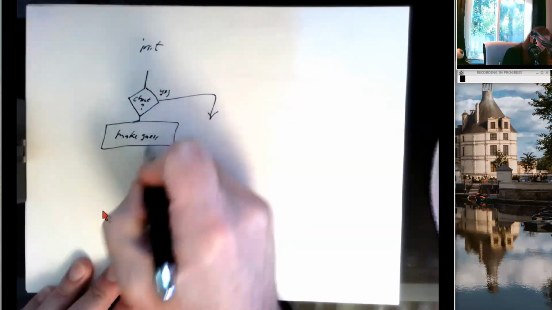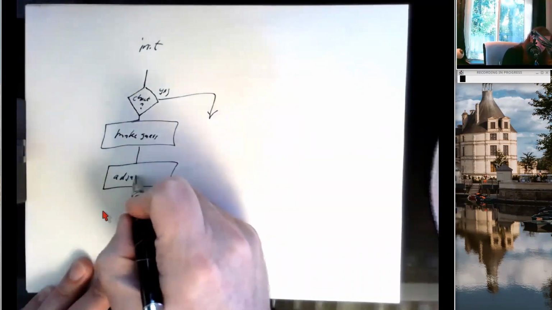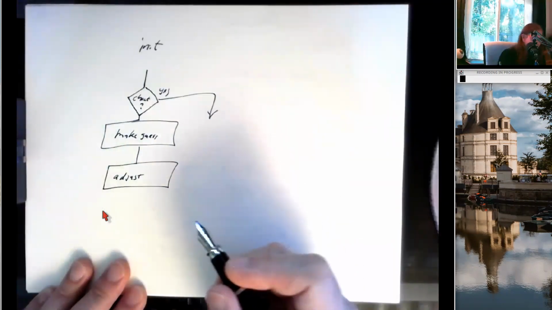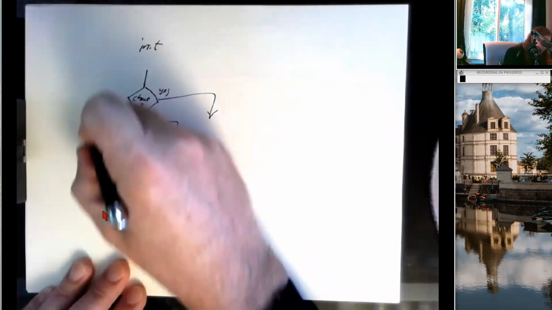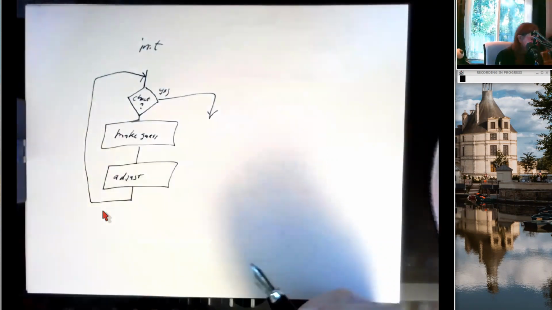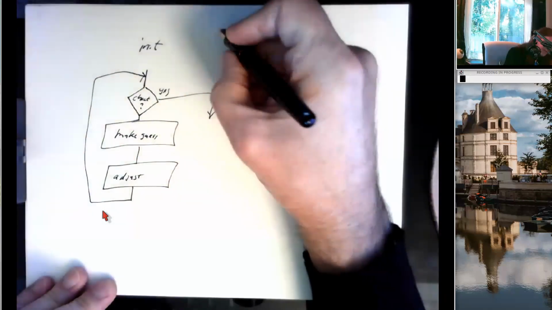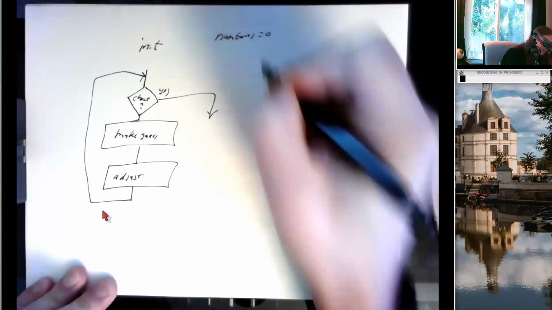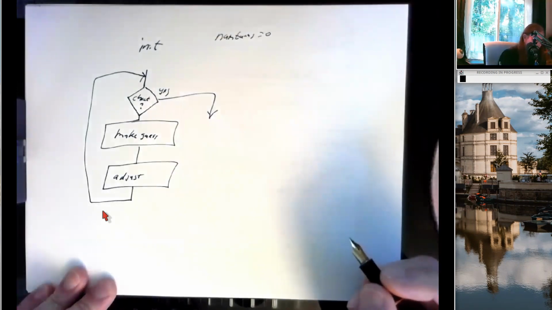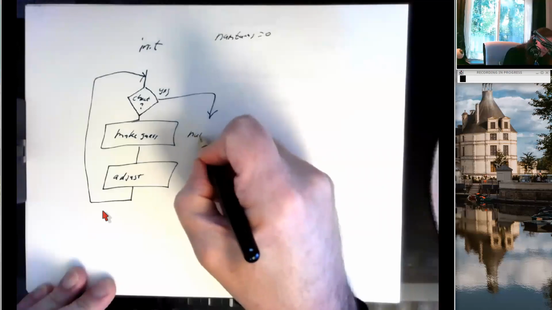Make a guess. Adjust your high or low based on what they did, or if they got the guess correct, tell them that they finished the game and so on, and then go back up to the top. So to count the number of turns, just initialize number of turns equals 0. And inside here, every time that you make a guess, just do an increment.